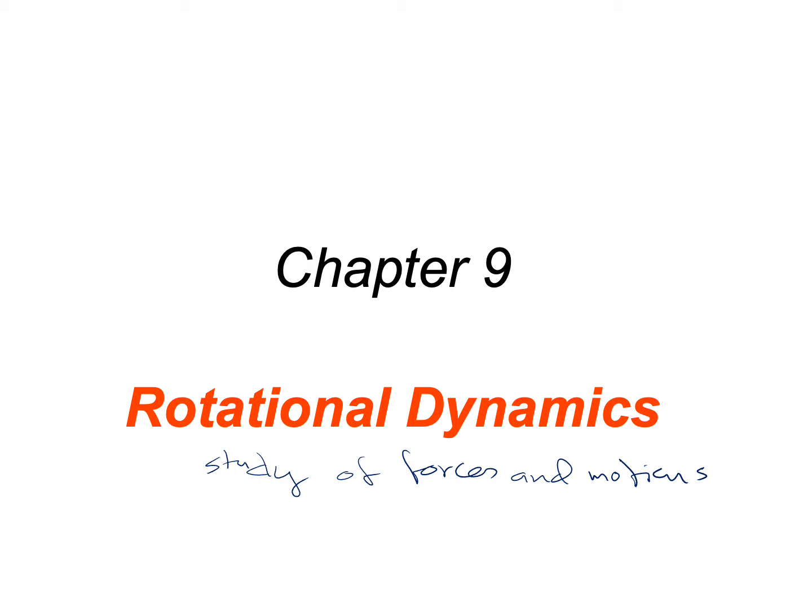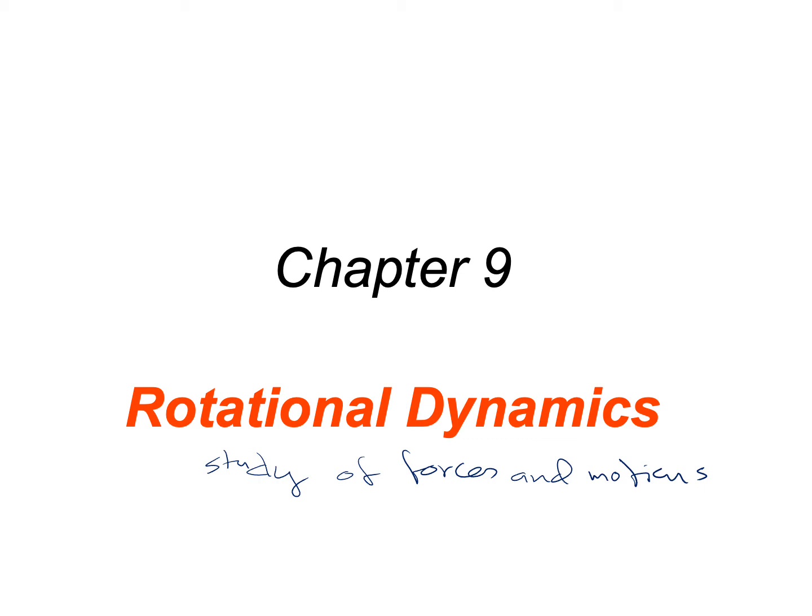In the previous chapter, you saw some equations. We use different notations. For example, for displacement in linear motion, we use x or delta x, and for rotational, we use theta. So there are some small changes, but the equations are very similar.